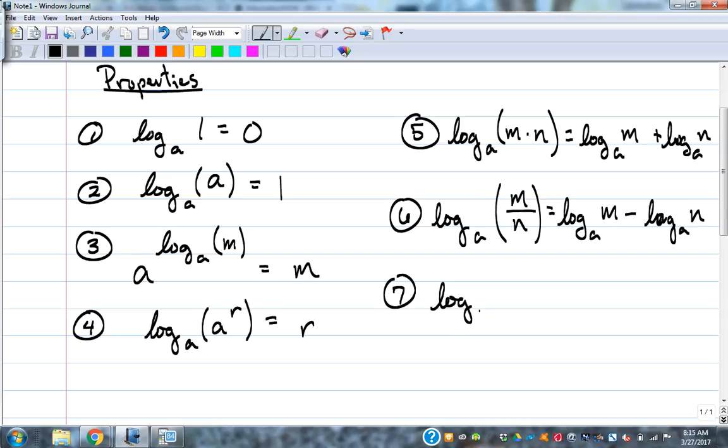Here's a nice property that looks very similar to 4, except it doesn't have the same base here. It's a different base. What's the rule with exponents and parentheses? Like if there's exponents on the outside of the parentheses, you multiply. So this is kind of like that, that you can take that exponent and drop it down to the front, so that's r times log base a of m.